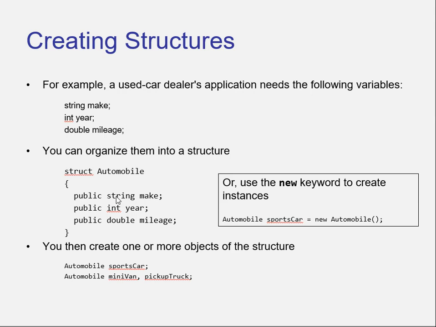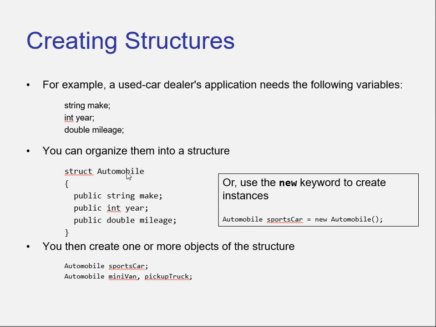Each field is declared as public because it's going to be publicly available to all the instances that are created from the struct Automobile. So we've got public, a string make, and then the year and the mileage. So we've got 3 different types, all declared as public inside of this structure. This is creating the framework by which we're going to create an instance of an object for Automobile.